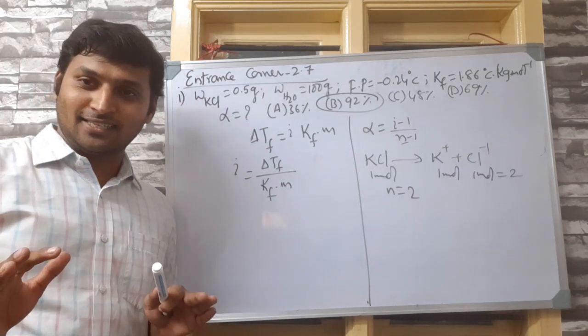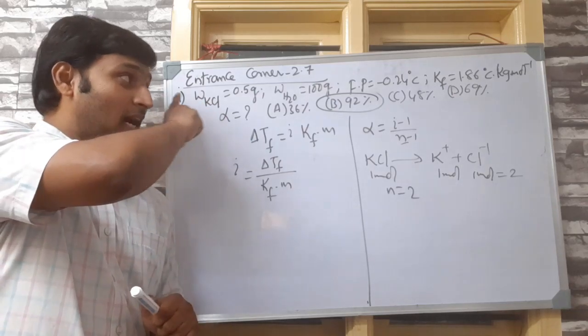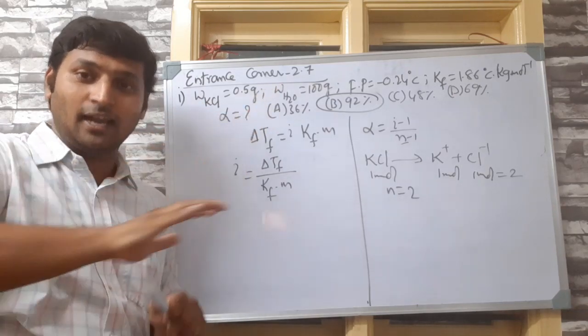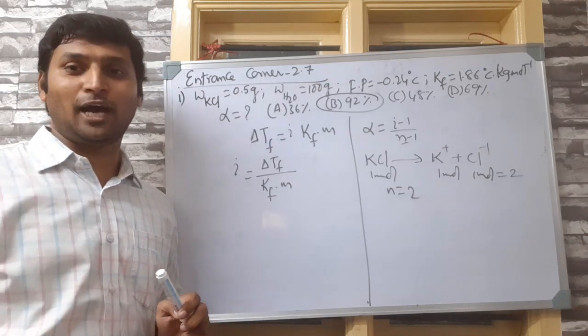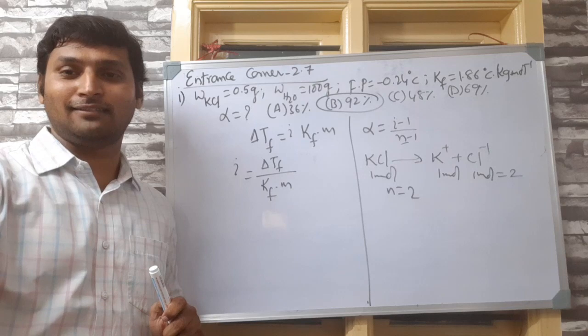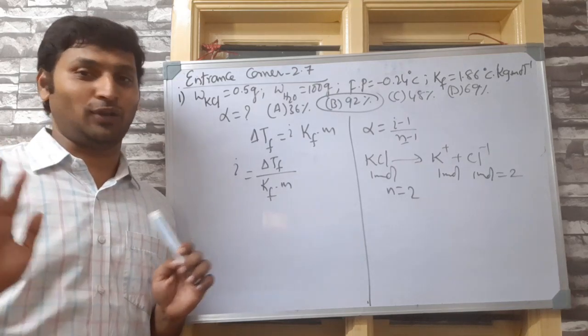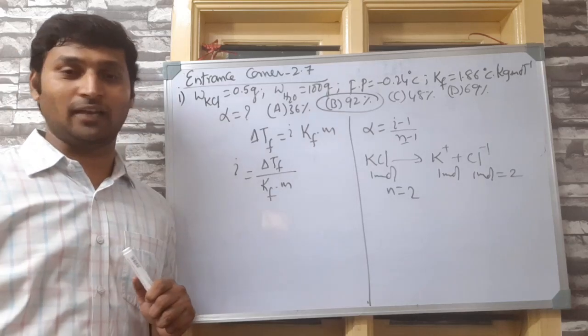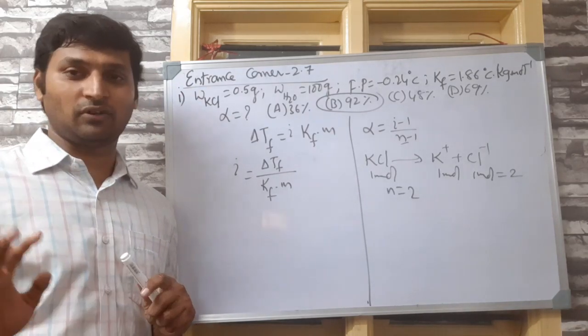So please understand, as long as the options are so comfortable, as long as you see a strong electrolyte there, don't hesitate. That will be your answer. If you have options like 85%, 93%, 98%, etc., then be careful. There is no choice. You have to do the calculation. But look at these options. That's why we got our answer already.